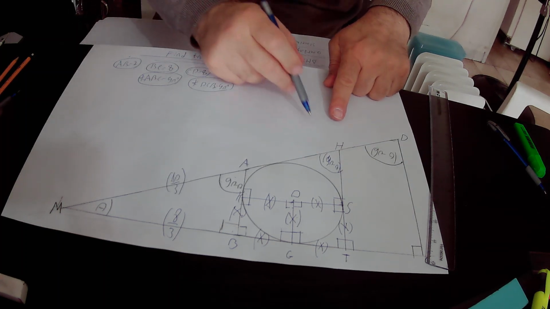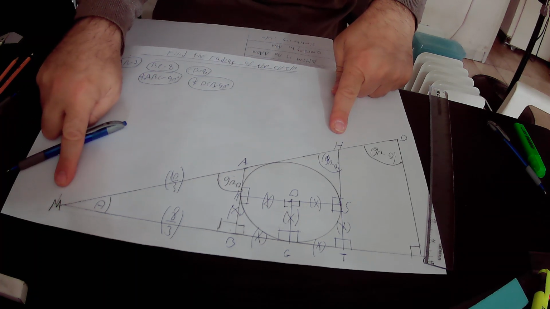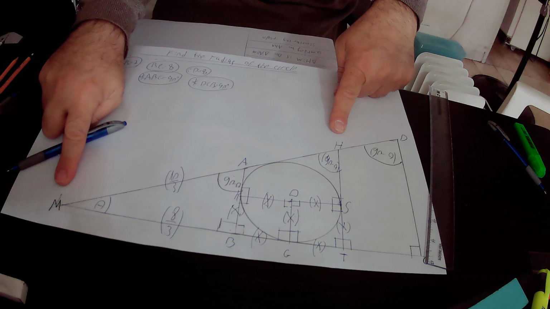edge HM, which equals edge HA plus AM. That is to say, edge HM equals edge HA plus AM, that is 10 over 3. So in total, edge HM equals edge HA plus 10 over 3.